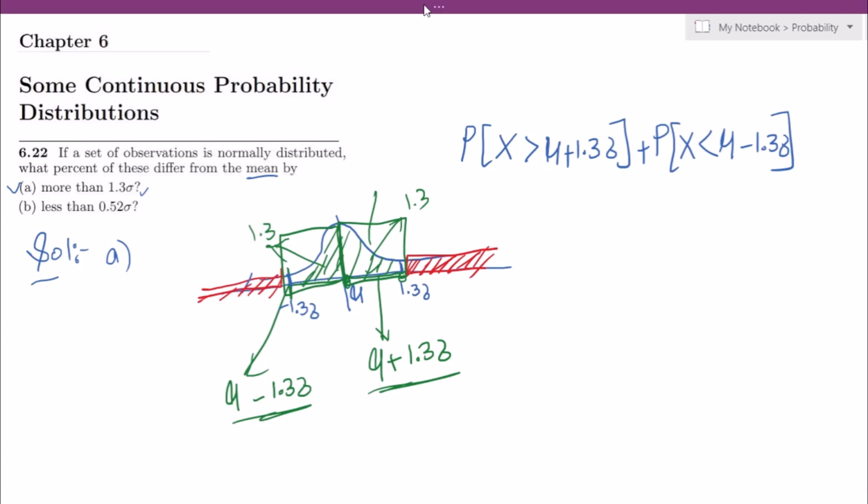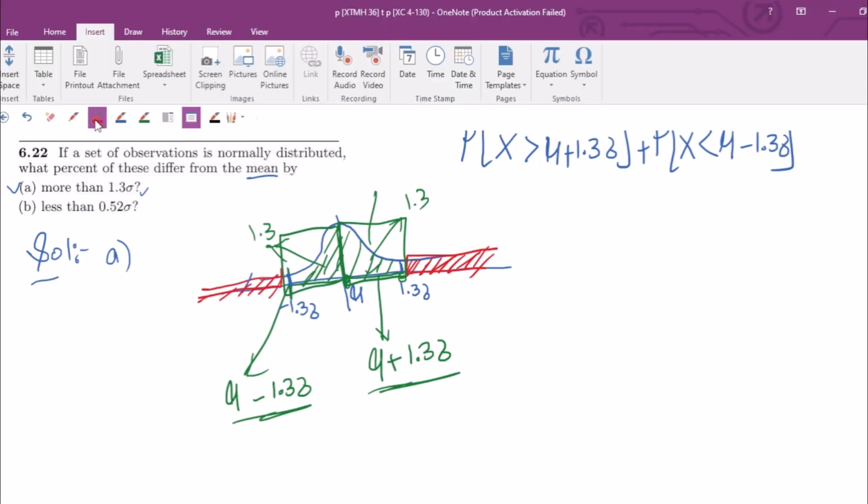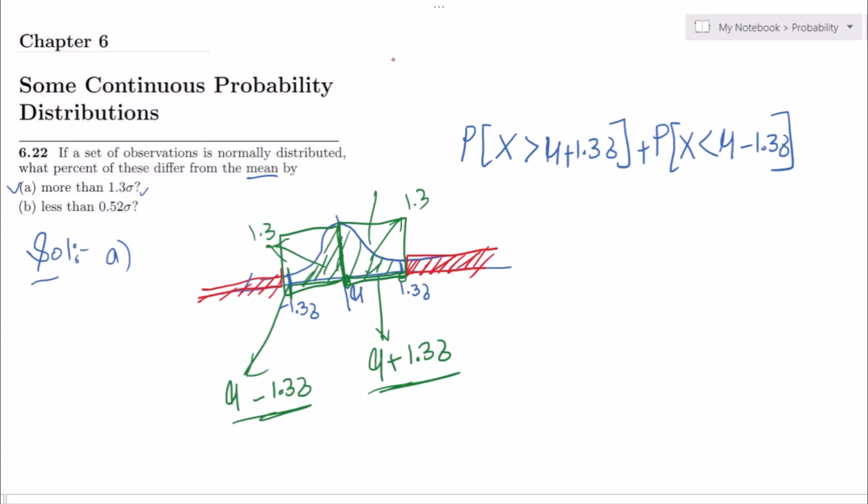Now in order to proceed further, we remember that when we wanted to convert from z to x, we used x equal to mu plus z times sigma, and this was from z equal to x minus mu divided by sigma.